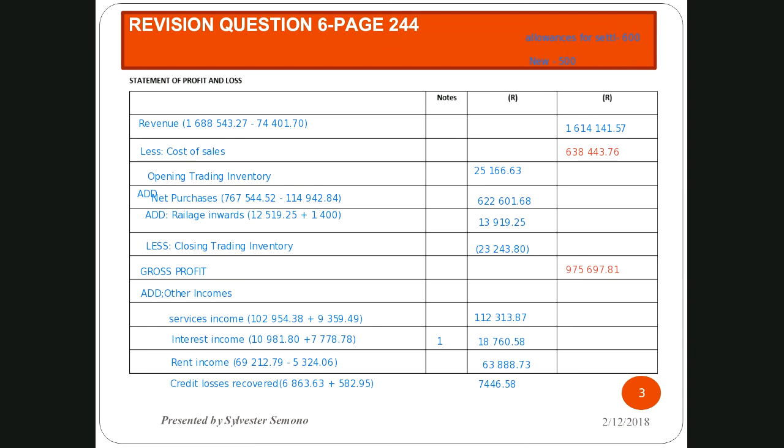I'm going to minus the one that has been given to me on page 246, which is number 3. So I'm going to minus 786.57. So if we minus, how much is the adjustment?